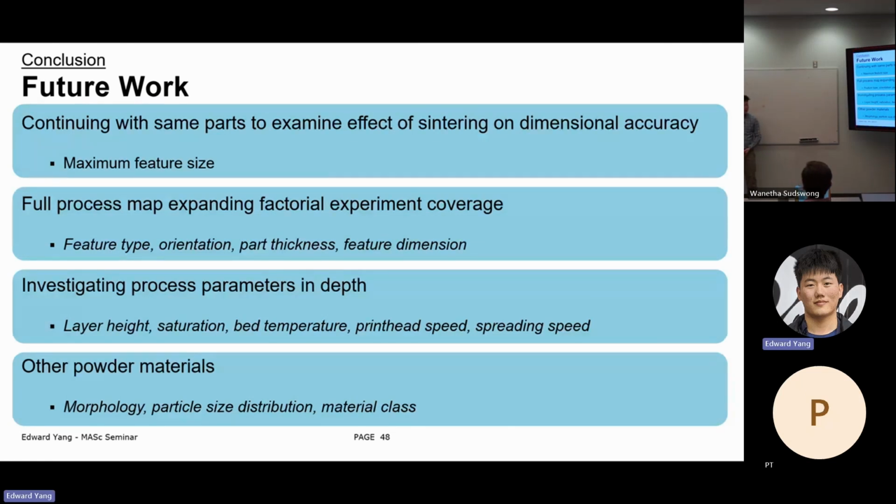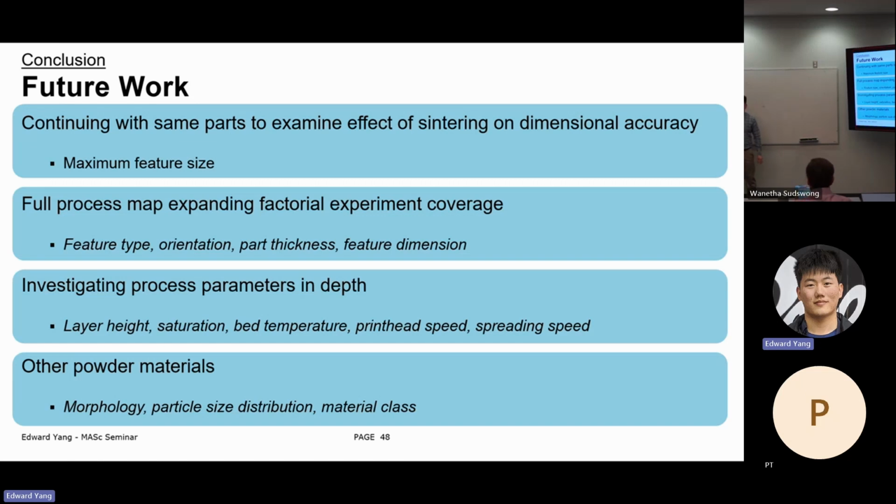The full process map, expanding this experimental design to consider all the different factors in more detail, looking at different feature types, different orientations, different part thicknesses. So going beyond the limited variables I chose in this one and expanding it out to get a very full set of design rules.